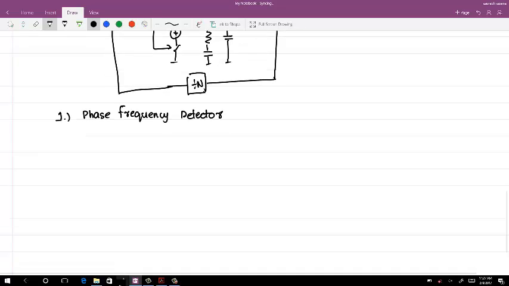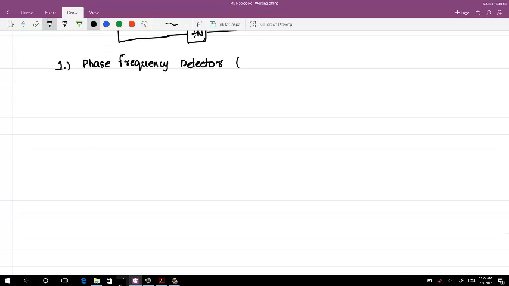The PFD, which can be used for phase error and frequency error detection, is a three-state phase frequency detector, and we very nicely drew it the other time with D flip-flops. This is connected to VDD.